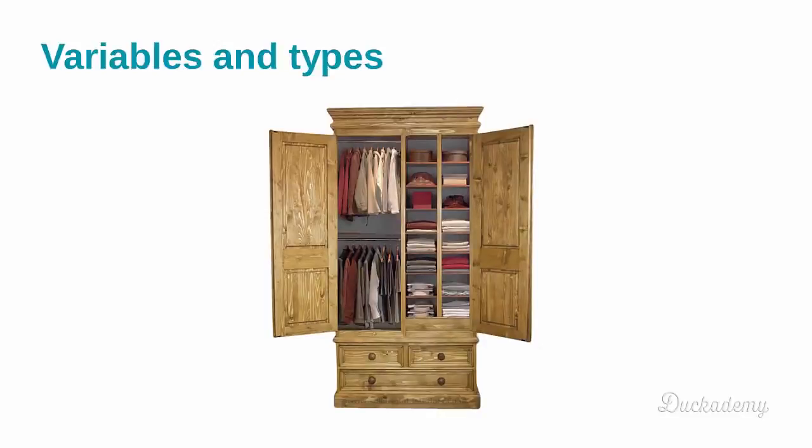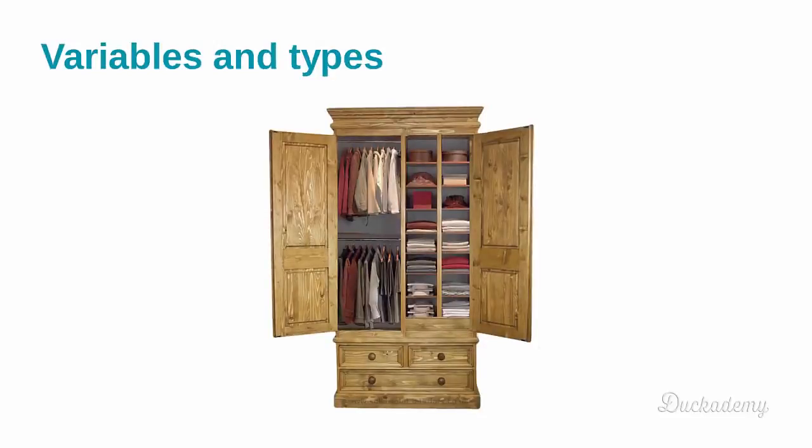What is an important thing for a program? It is the data. And you can have different types of data. You can have a number, you can have a character, you can have a text, and you can put them into variables.